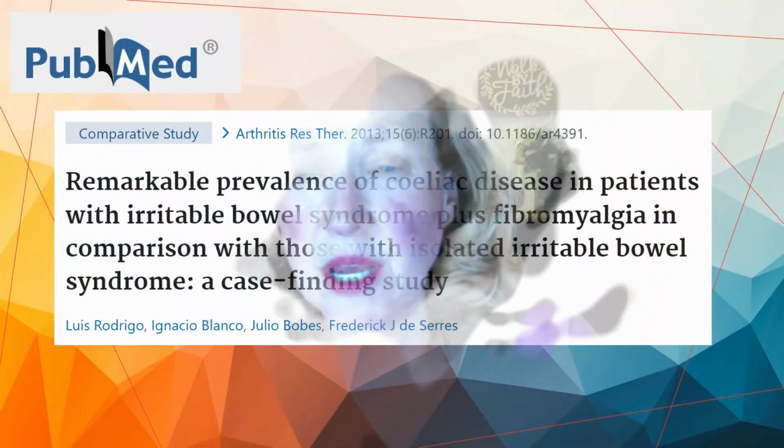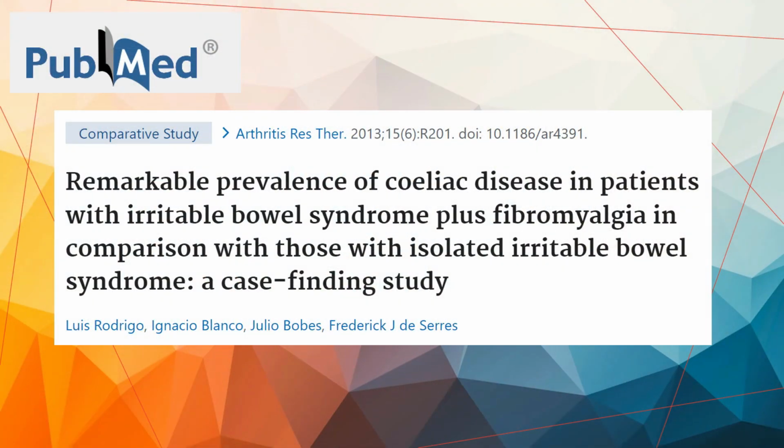People with both IBS and fibro are 7 times as likely to have undiagnosed celiac disease. Well, I've had a colonoscopy many times, and they don't seem to find anything weird going on in my small intestine. So I don't think that's my situation. Is it yours? However, let's get back to gluten sensitivity.